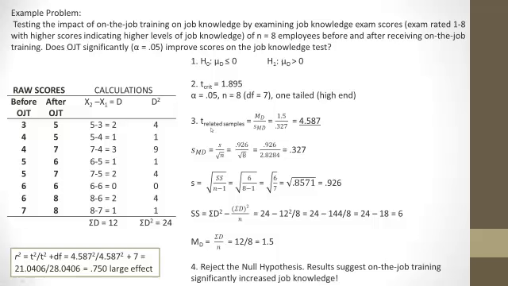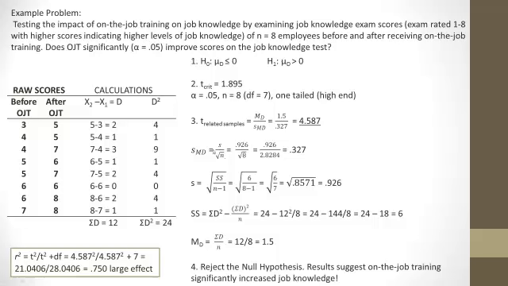Just like I demonstrated in class, usually I write down the formula for the end result, the last formula I'm going to need, so T. Then I look at this and I think, okay, I don't know what my mean difference is, so here's the formula that I wrote down for mean difference. I don't know what the estimated standard error of the difference is going to be, so I need to write down that formula.